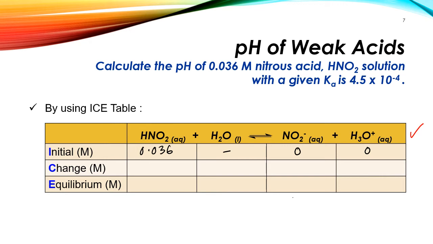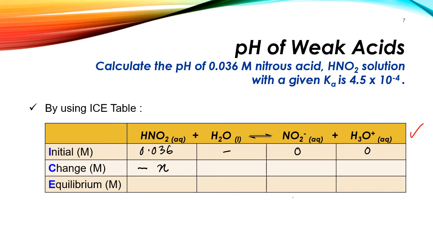Since the reactant decreases in concentration, we can assume the change of the reactant, the nitrous acid, is minus concentration. How much does it decrease? Since the weak acid partially dissociates, we assume the amount dissociated is X, which is the unknown.